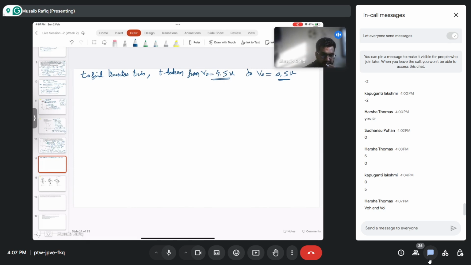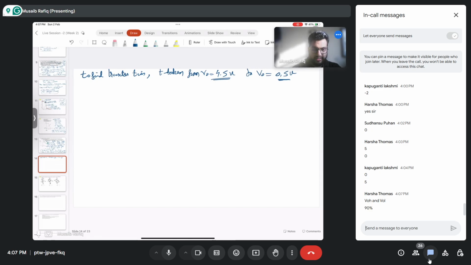How do we define the transition time? Anyone? I don't know the exact definition, but it has something to do with, yes, 90% to 10%. Exactly. So we'll have T1, at which output is equal to 4.5 volts.